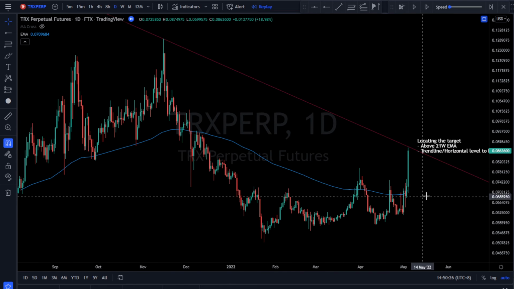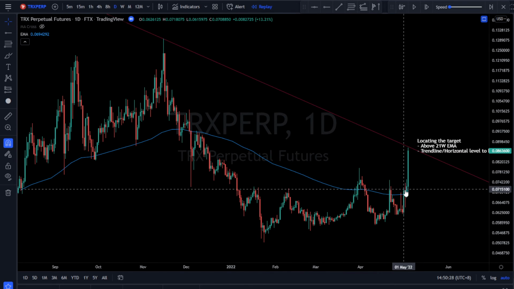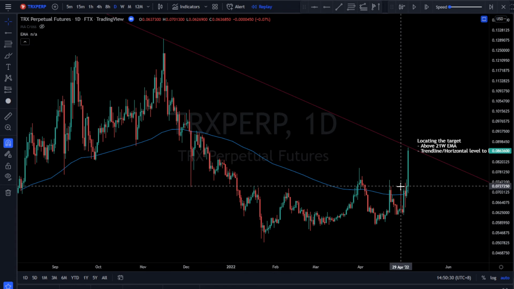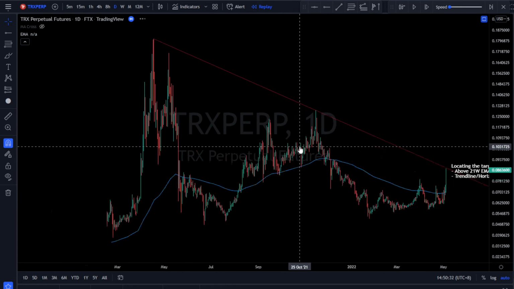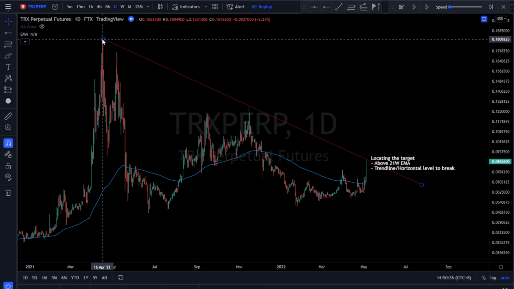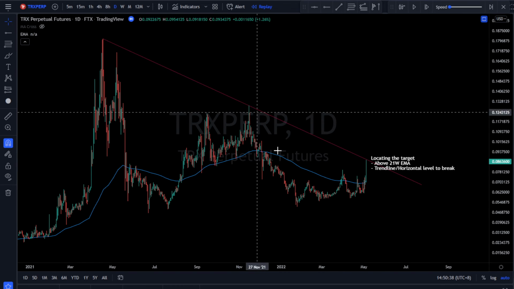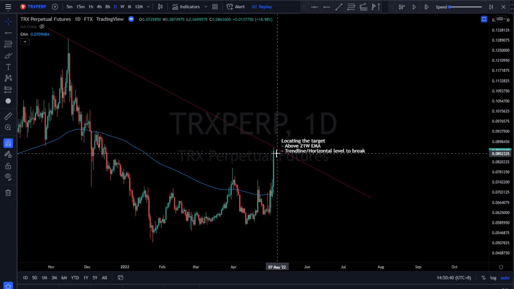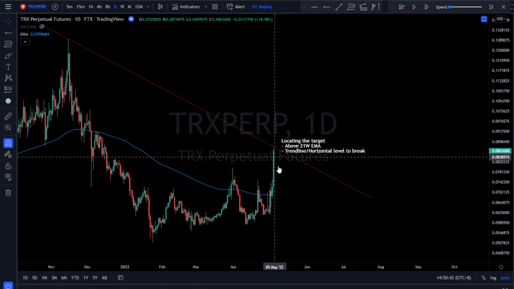Over here, price was above the 21-week EMA. We got this trend line here that, if we zoom out, was from April last year and connects to this high, and right now we are trying to break it. So let's keep a lookout.